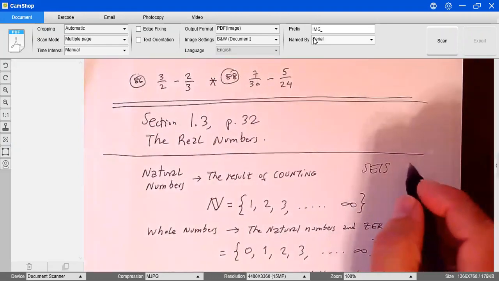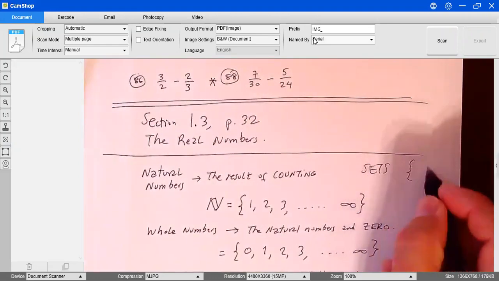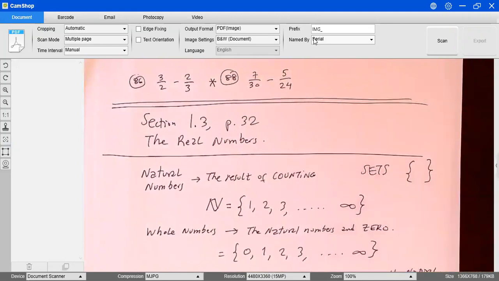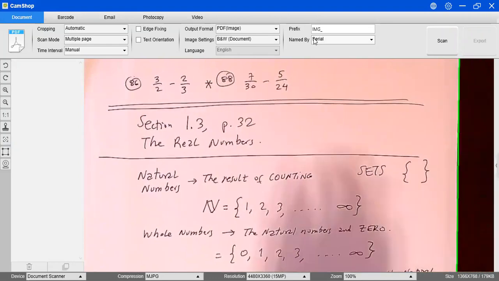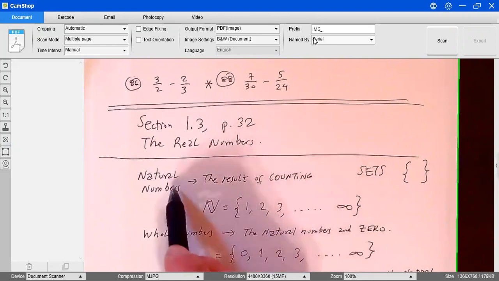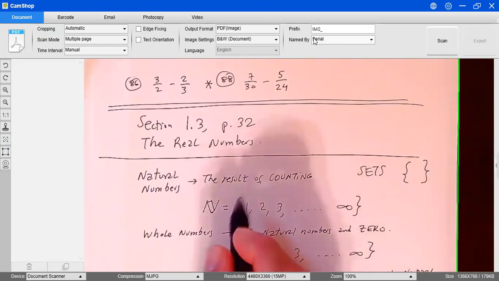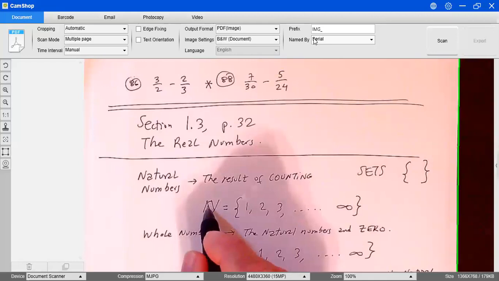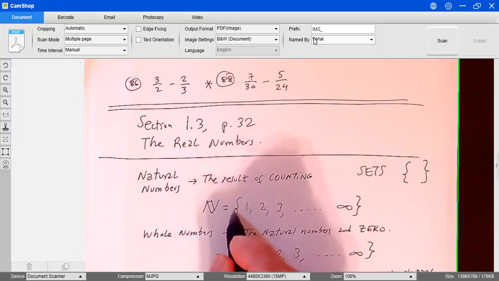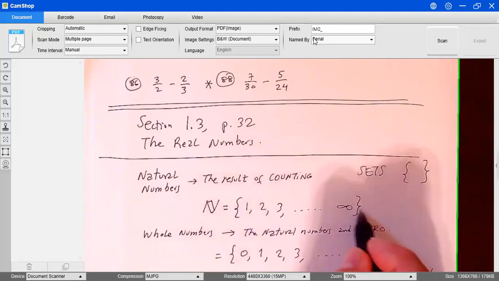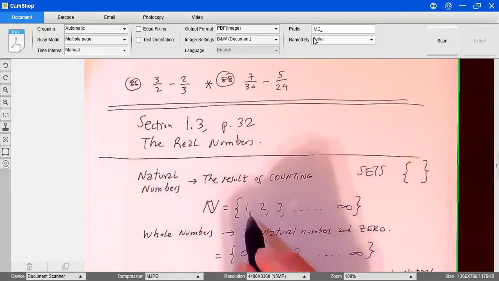So, we're going to use curly braces to indicate that we are dealing with a set. For example, the set of natural numbers is written in this way. You use this N from calligraphy. You use your curly braces here to open and to close the set, and then you enumerate the elements of the set.